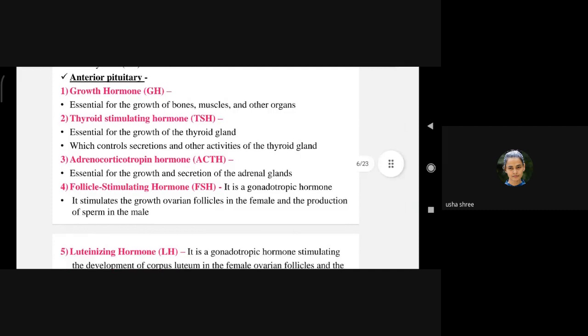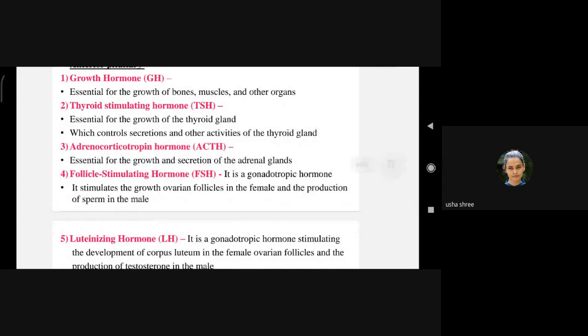Yes, yes. So for growth hormone, it is somatotropin cells. Yes. And for thyroid stimulating hormone, which cell? I just forgot about all the types of cells of pituitary gland. I will send you if I remember that.